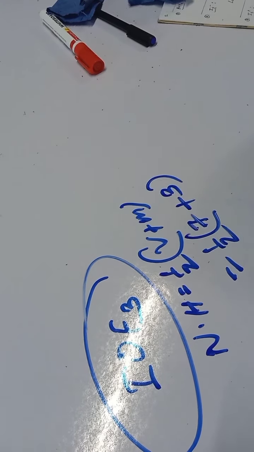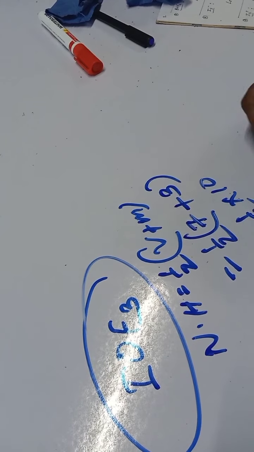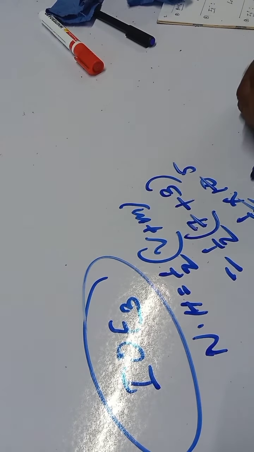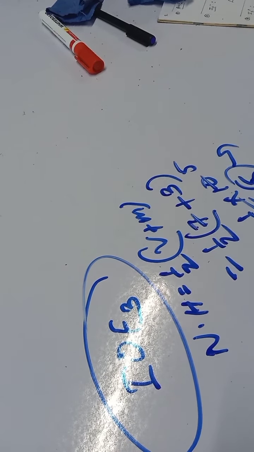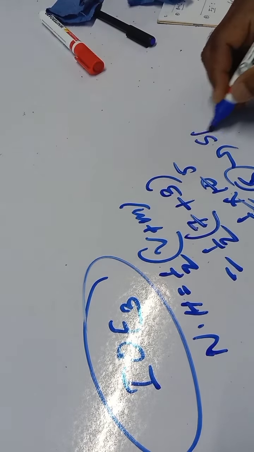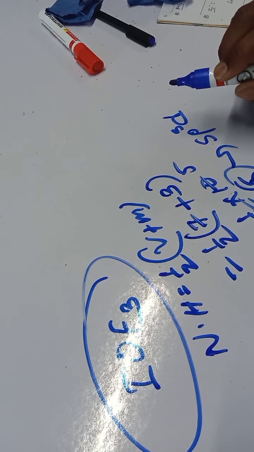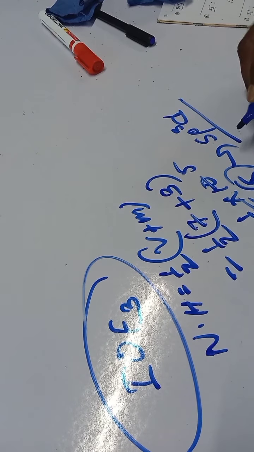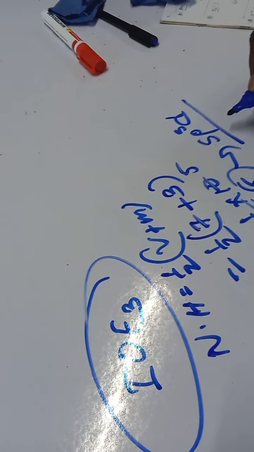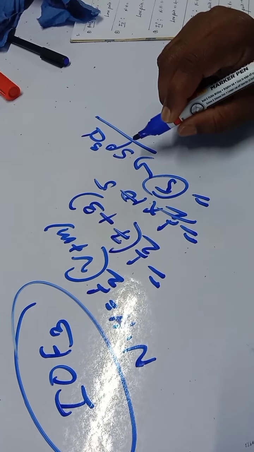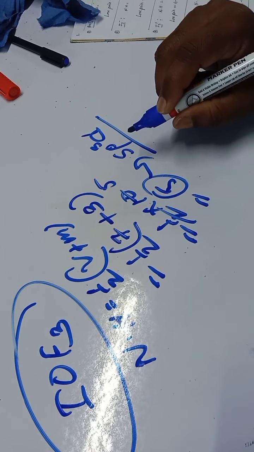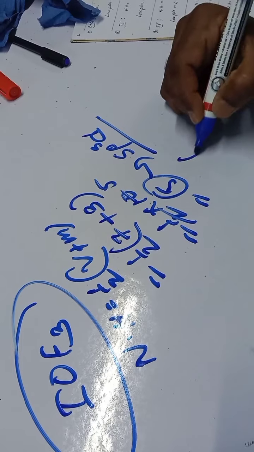That is half into 10 equal to 5. You may write sp3d. The geometrical shape is trigonal bipyramidal.